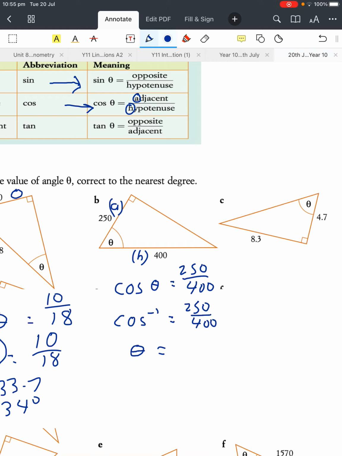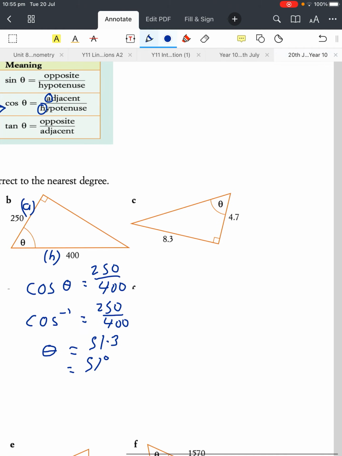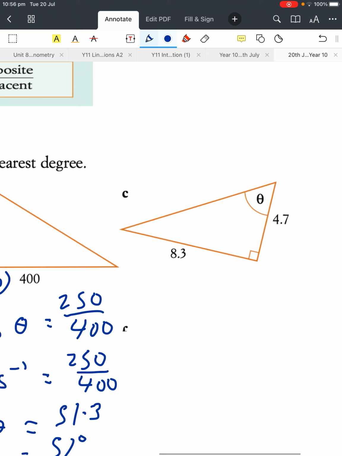Press shift and then press cos. Fraction button, 250 on the top, scroll down, 400 on the bottom, scroll across, close the bracket, equals 51.3. They want the answer to the nearest degree, so that's 51 degrees. Next question.